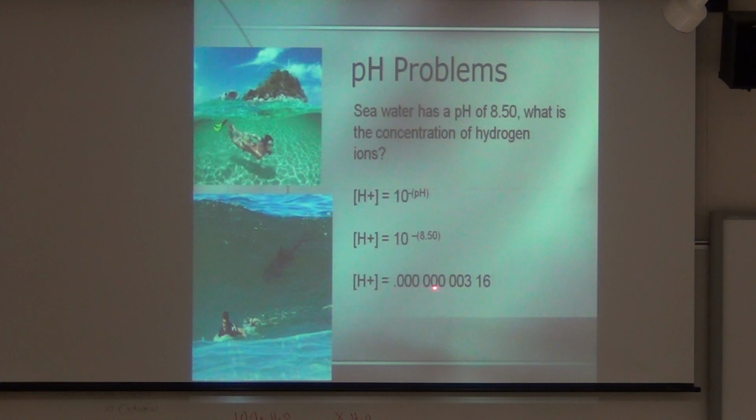There's 3 zeros, 3 more zeros, and 3 more places before we get that non-zero in front of the decimal. So final answer should be 3.16 times 10 to the negative 9 molar is the concentration of hydrogen ions.